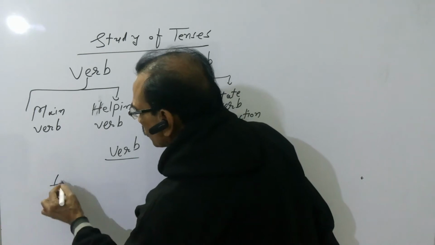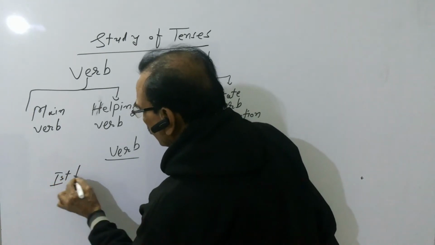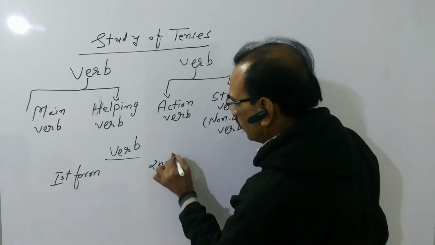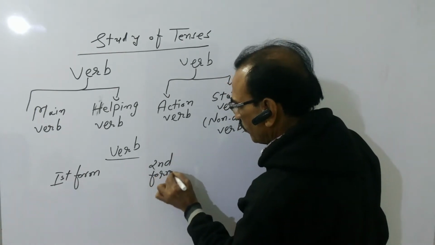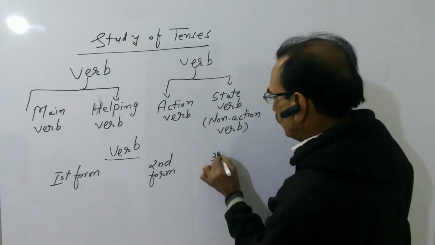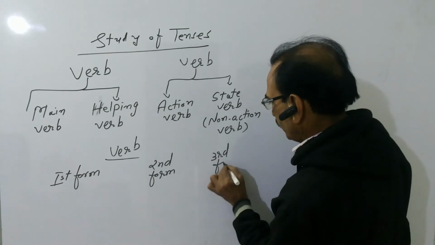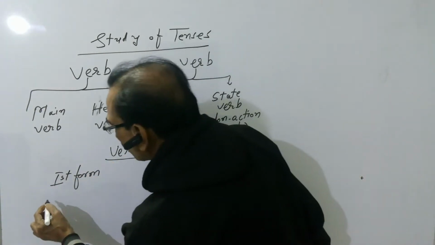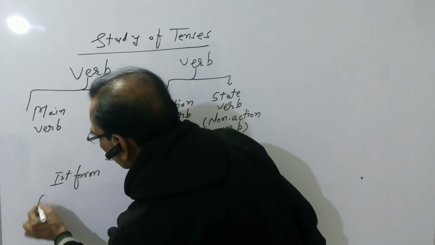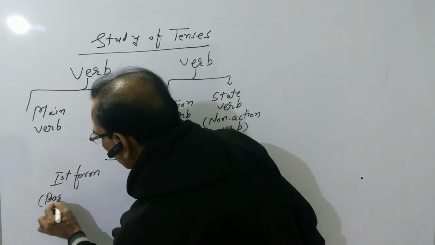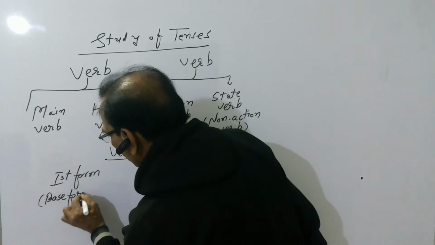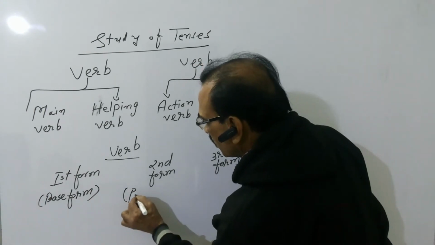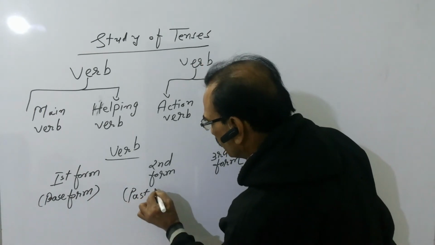The first form, here is the second form, here is the third form. In the English language, the first form of the verb is called the base form of the verb. The second form is also known as the past tense form of the verb.